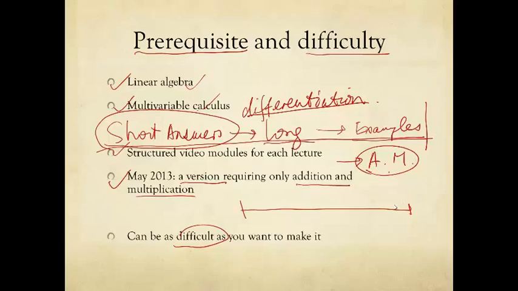Okay? So we want to cater to the need of those people who would like to have a basic understanding, and that is a valuable education experience. But we also want to give the few percent a chance to challenge themselves.